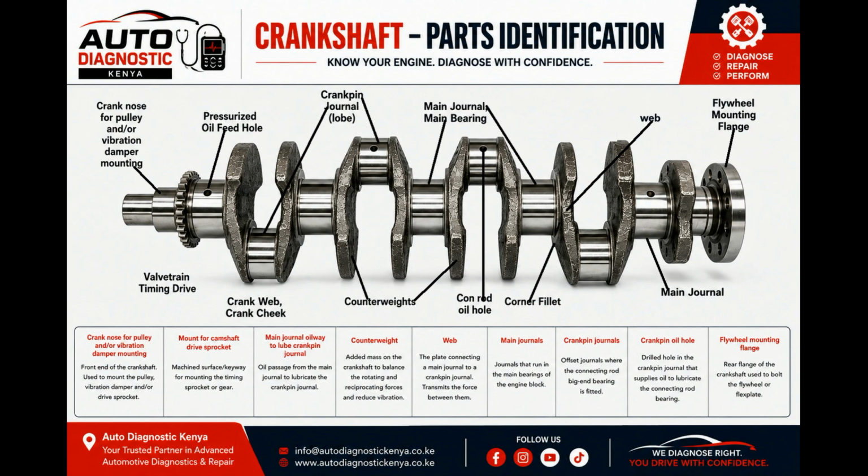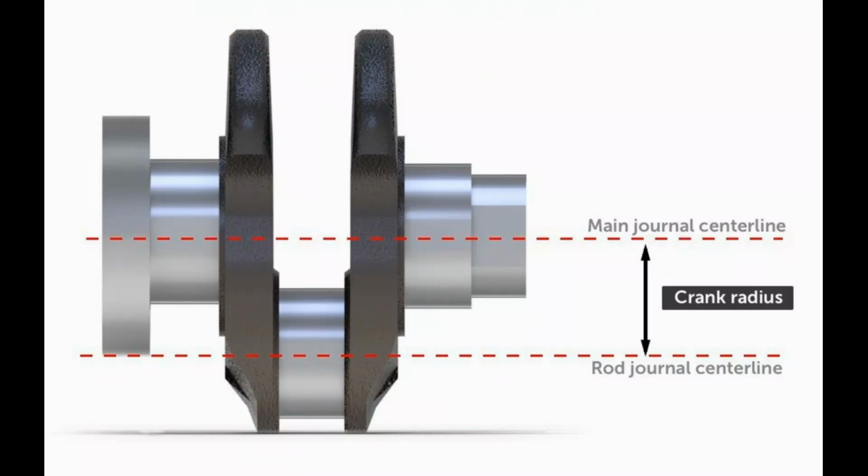The crankpin is where the connecting rod is attached. But here is something important. The crankpin is offset from the main journal. It isn't sitting on the same center line, and that offset is called the crank radius.